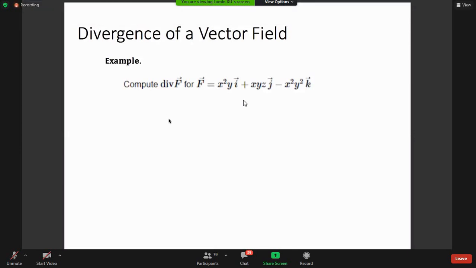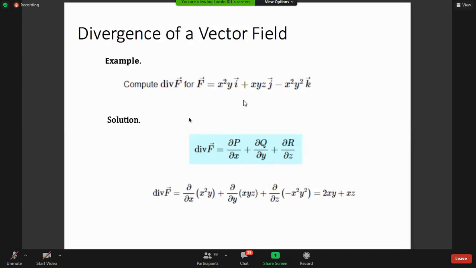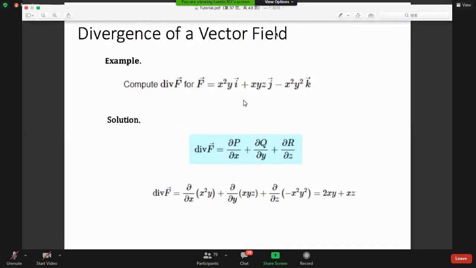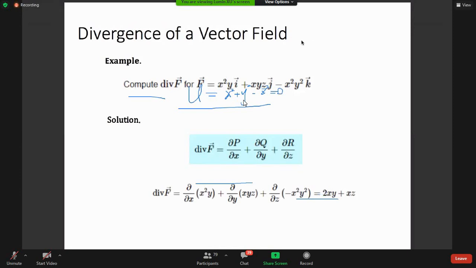Okay. So for this vector field, the P should be this part, and this part is Q, and this part is R. Then we can calculate the divergence according to the definition.